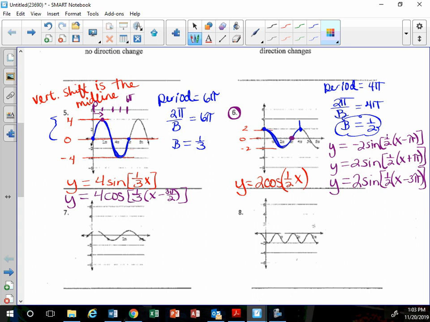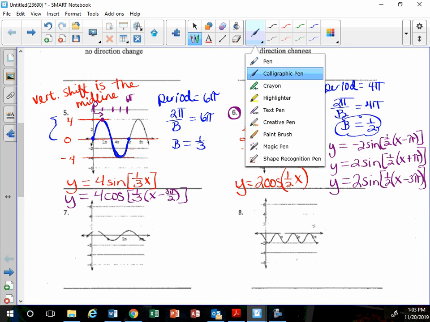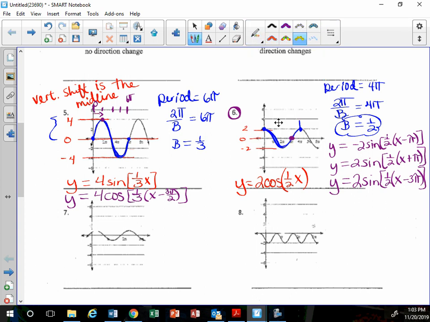I'm confused. You're going right 3 pi? Think about where you already are. Original sine starts right there where that smiley face is, right? So we are saying that that is going all the way over to there. And doesn't it look like the sine graph then after it? That's what we're looking at.